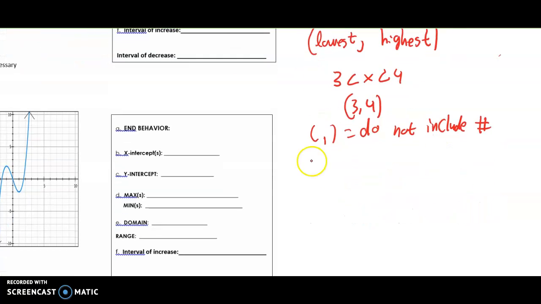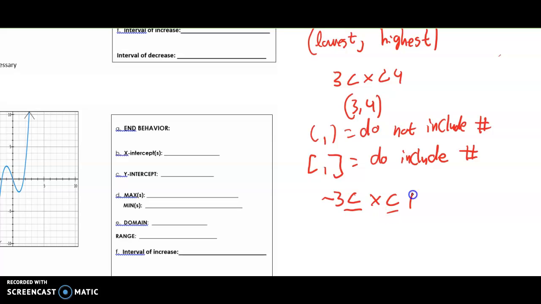If we have brackets, that means do include that number. So, for example, if I had x was negative 3 less than or equal to positive 12, I would write this with brackets.